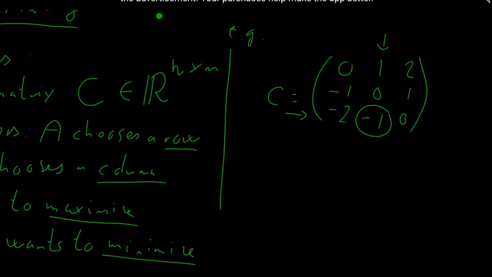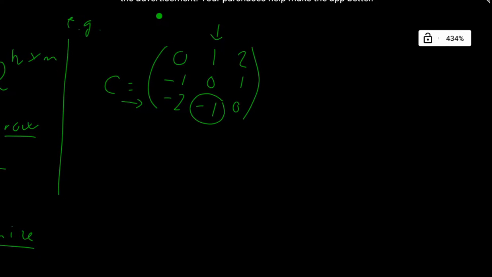Okay, so back to our example. For this example, we can have a number of strategies, but for example, if you just consider the choice of A, player A either chooses this row or that row, but -1 is larger than -2, 0 is larger than -1, 1 is larger than 0, so it doesn't matter which column player B chooses.